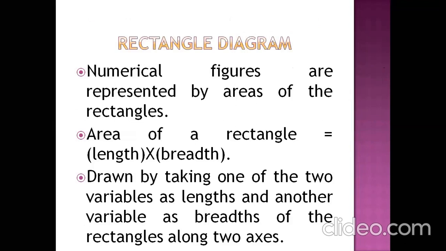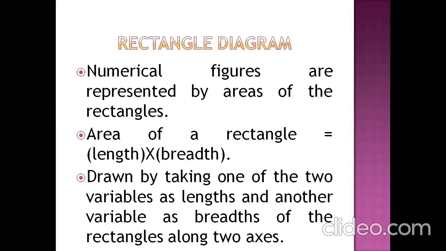A rectangular diagram is a modified form of bar diagram. It provides more detailed information than is furnished by a bar diagram. The length of a rectangle represents one aspect of data, while its width would represent another aspect of the data provided.